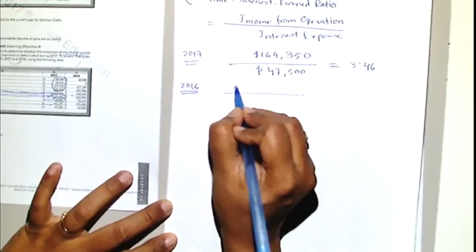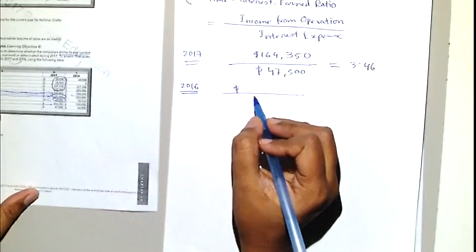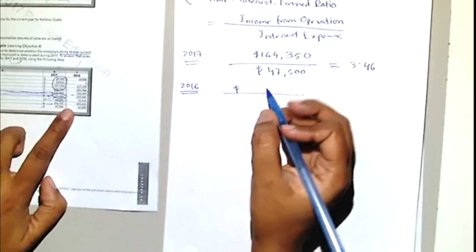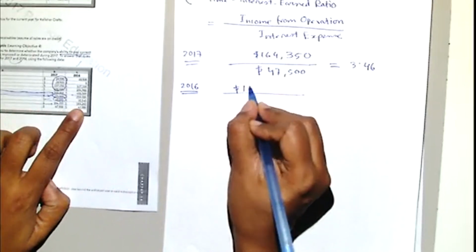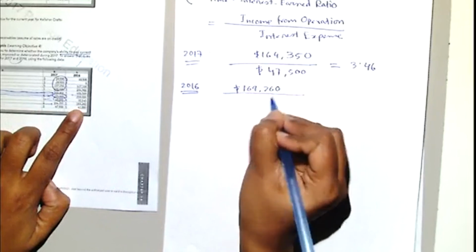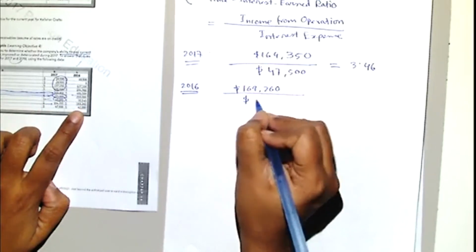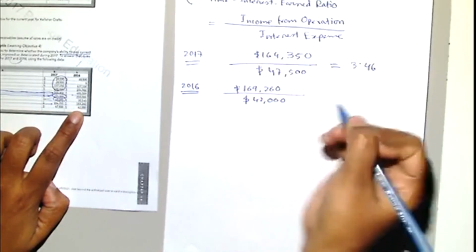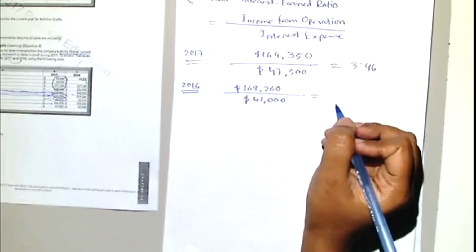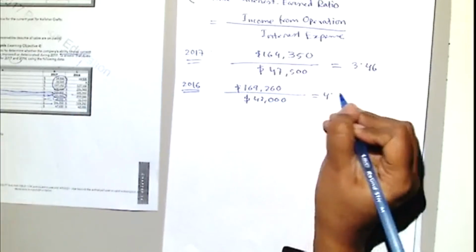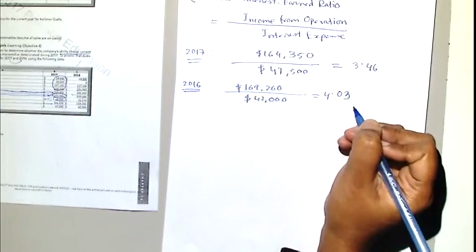Now tell me about 2016's numbers. Income from operation, 159,260, and your interest expense is 42,000, which gives you 4.03.